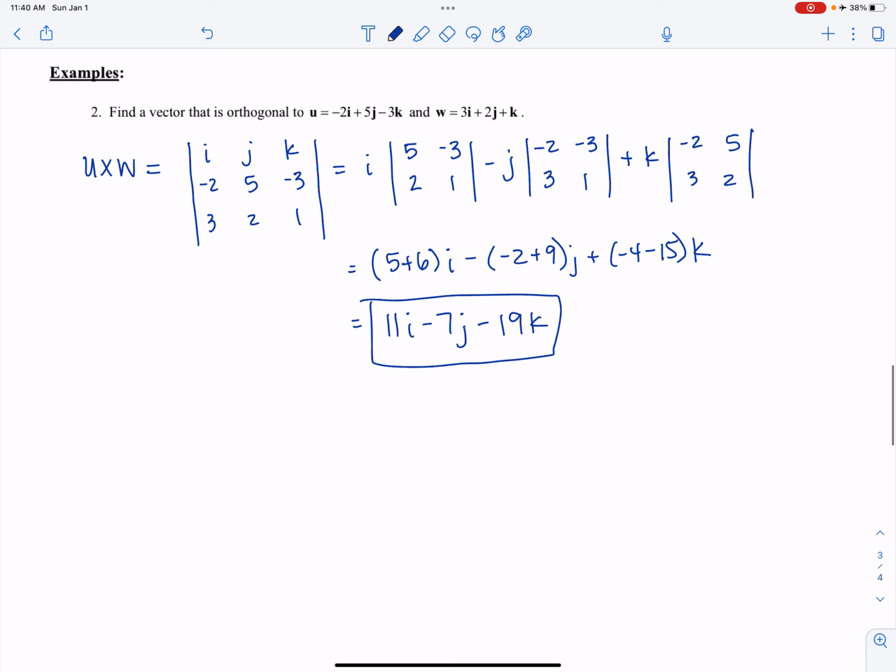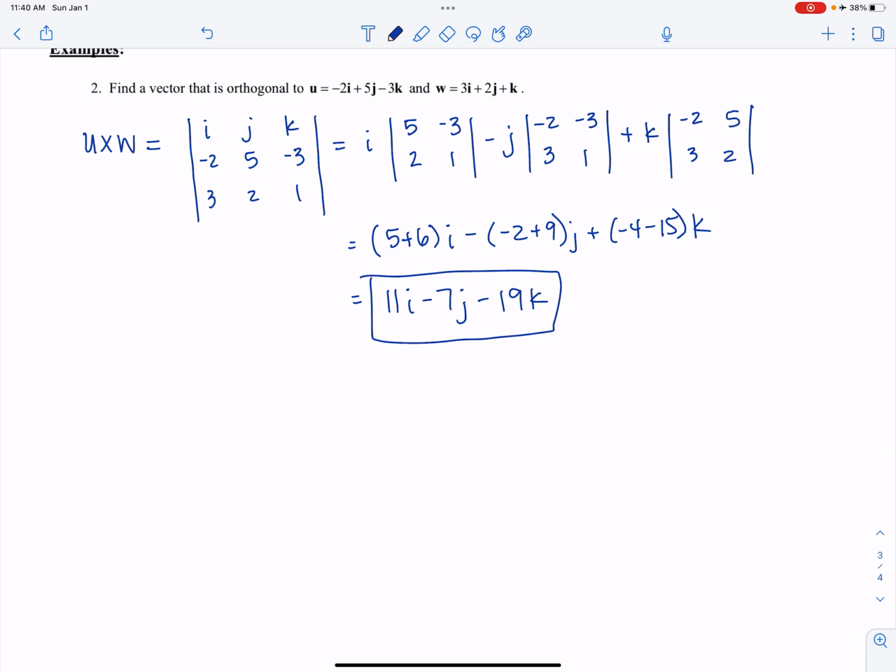The way we can check this is by doing the dot product with u and the dot product with w to make sure that they are giving us 0. So let's check it. We'll do u dotted with this vector, 11i minus 7j minus 19k.